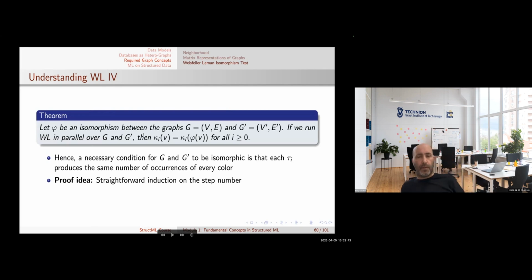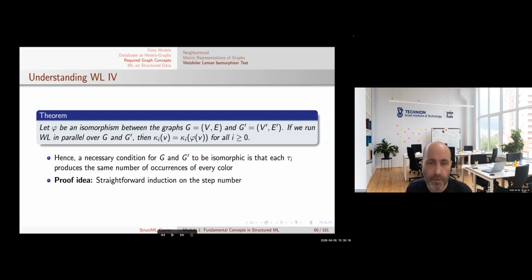And basically the last theorem says that if we start with isomorphic graphs, then the algorithm will produce the same colors on matching nodes. Okay, so if you have an isomorphism from G to G prime, and it maps V to V prime, then in each step, V and V prime will have the same color.